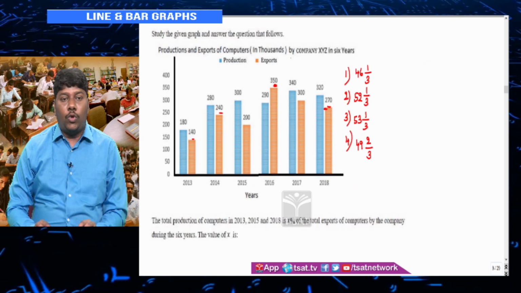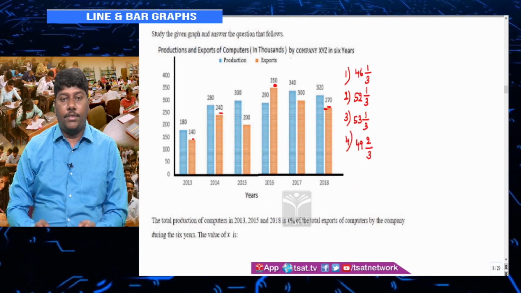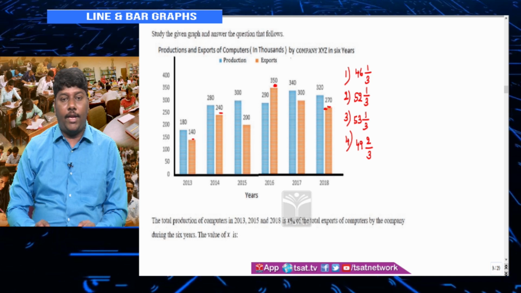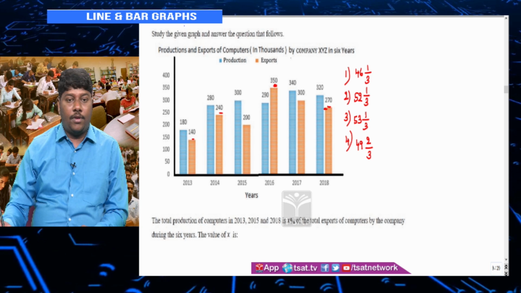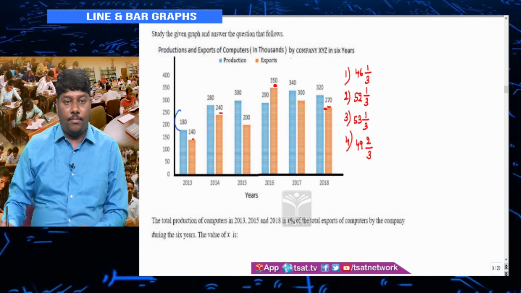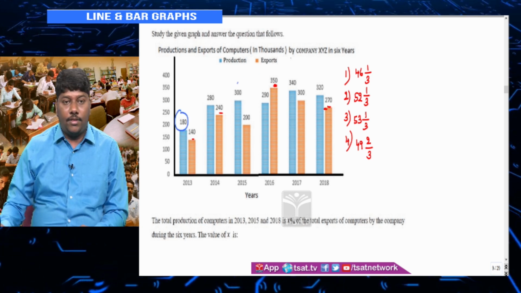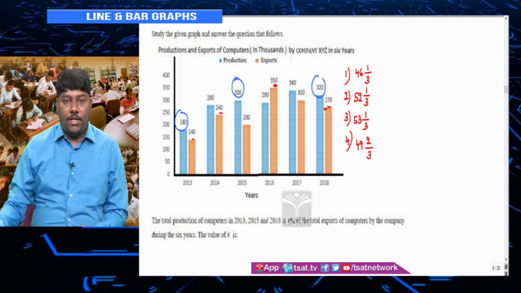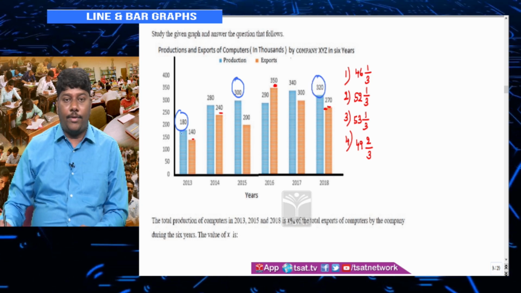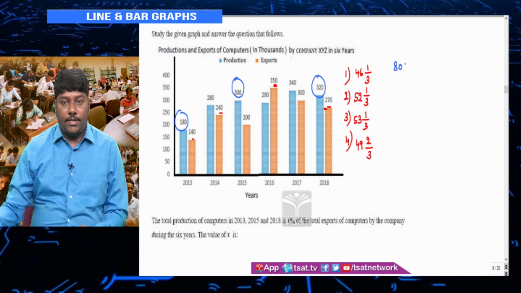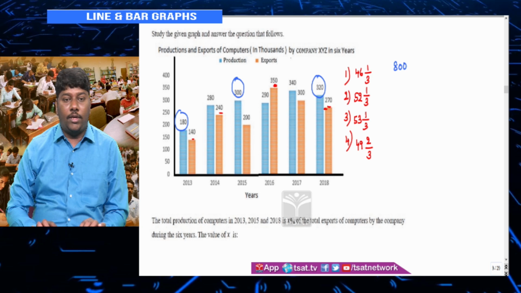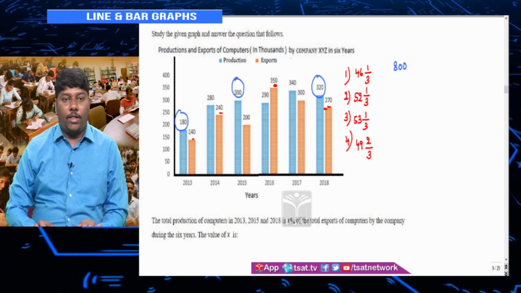Look at this sum. Total production of computers in 2013, 15, 18. He's asking you production, that is blue color, in the year 2013, then 2015, then 2018. 320 plus 180, 500, 500 plus 300 is 800, is X% of the total exports during all the 6 years.